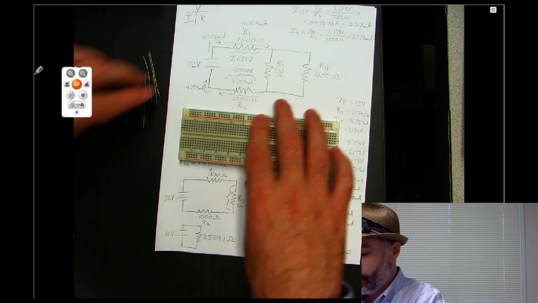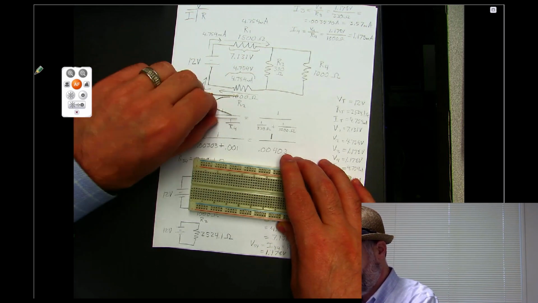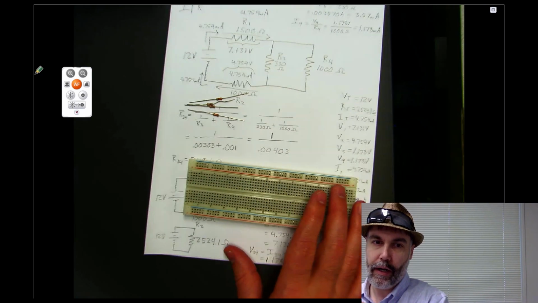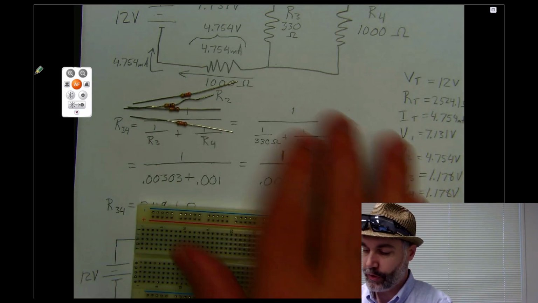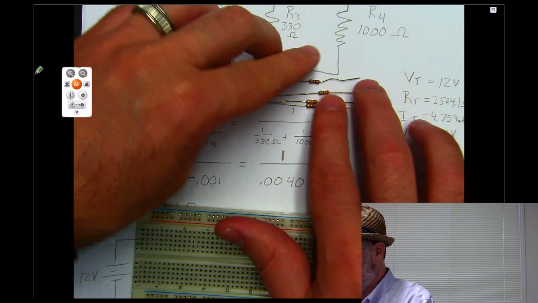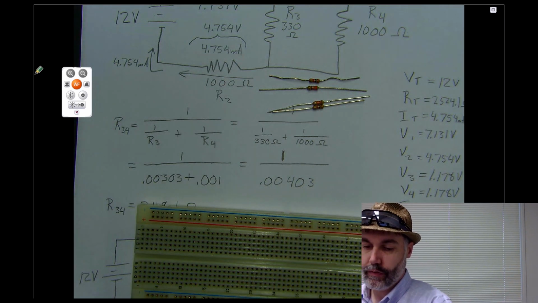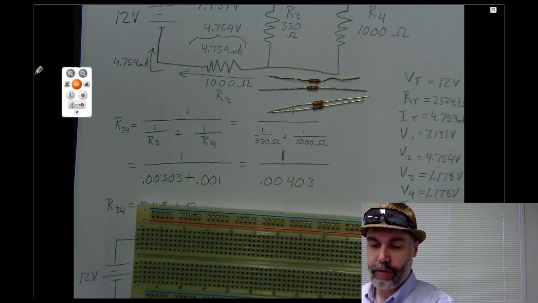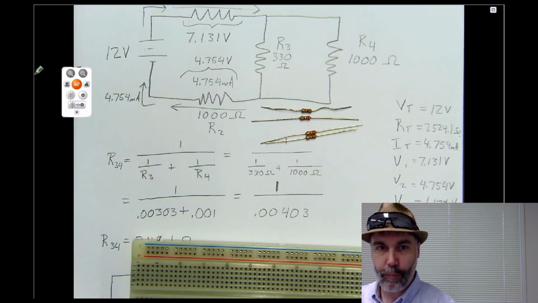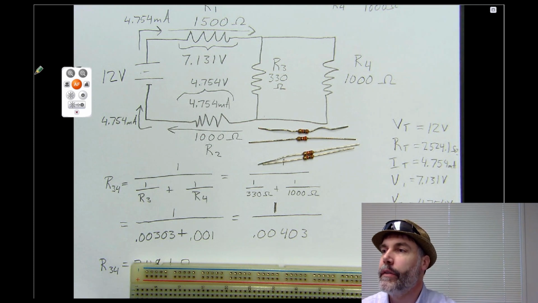Okay, so the first thing I'm going to do is I'm going to look for a 1500 ohm resistor. So we can use our color codes to help us figure out which resistor this actually is. So what colors would we have for a 1500 ohm resistor? So the first number that we would have there is a 1. So what is the color for 1? Black.